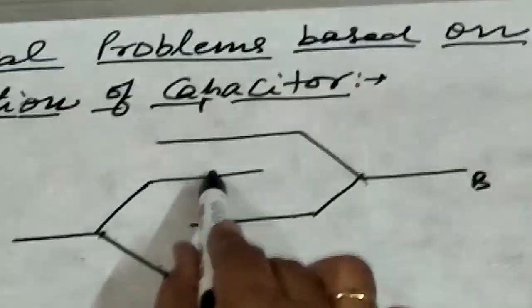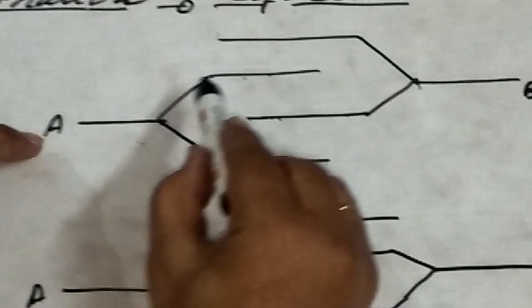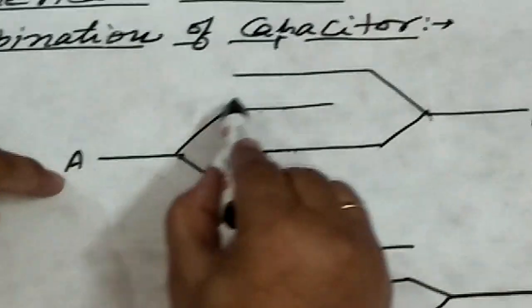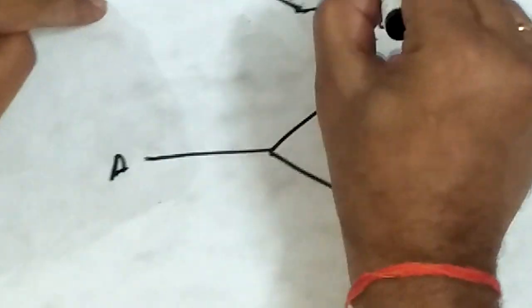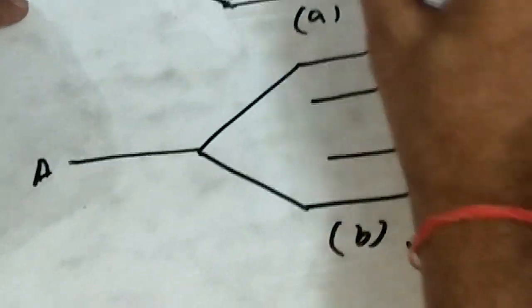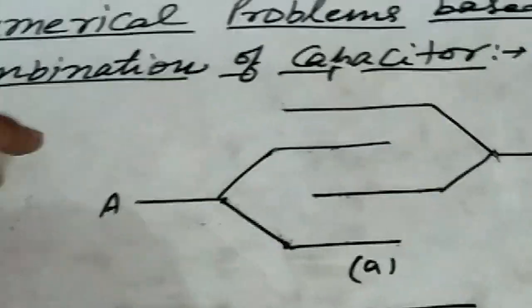So in this case it will form one capacitor, two capacitors and three capacitors. And what is the condition for forming a capacitor? Always in this case, one plate of A and one plate of B will form one capacitor, but two plates of the same A or B will never form a capacitor.